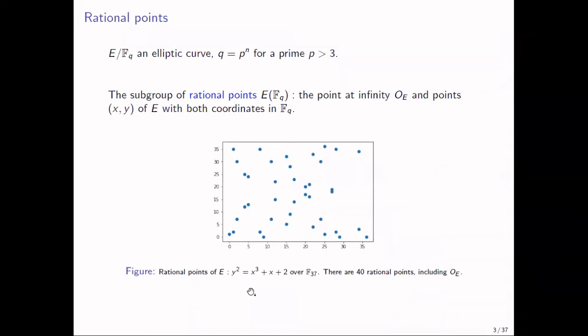Here you have a picture of the rational points of this elliptic curve over the finite field with 37 elements. You take some x and some y, and you plug it into this equation. If you get equality, it's a point. So these are the rational points, and it's a subgroup, and this is the subgroup we will mostly talk about.